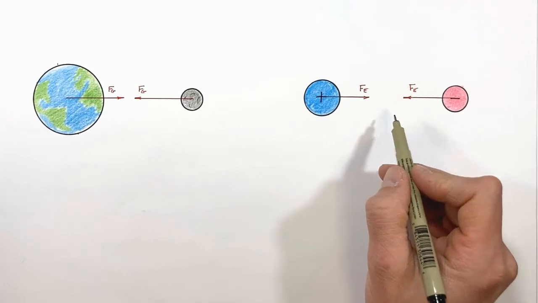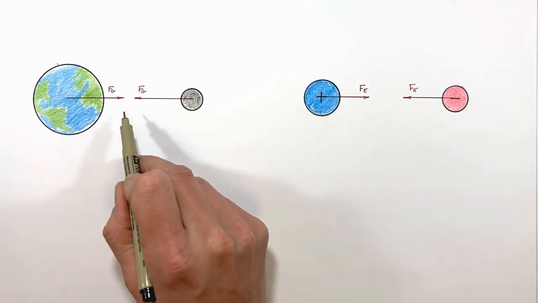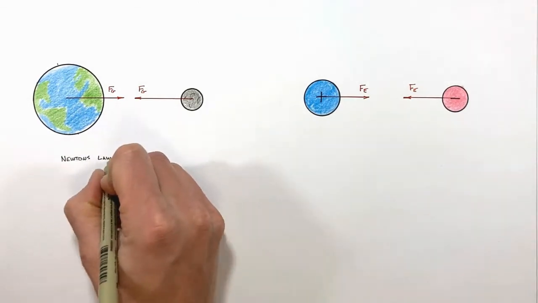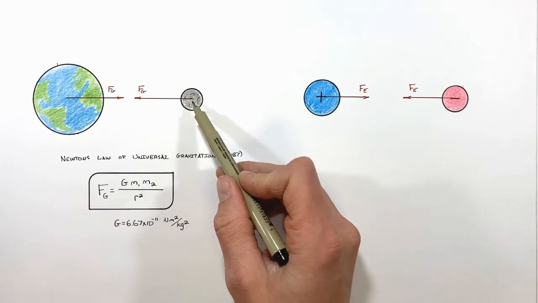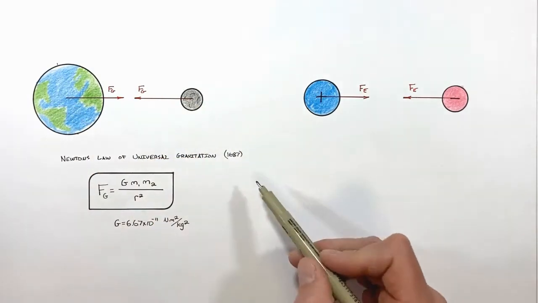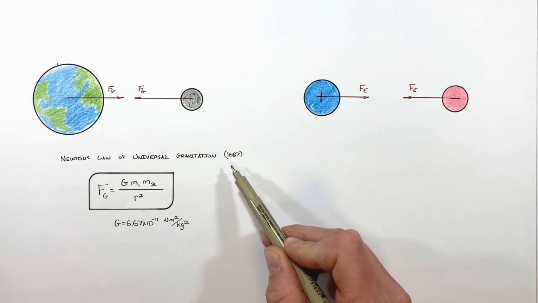So to understand mathematically what's happening with the electric force, first let's take a look at our equation for the force by gravity. See, the force by gravity between two masses is given by Newton's law of universal gravitation, which he came up with in 1687.